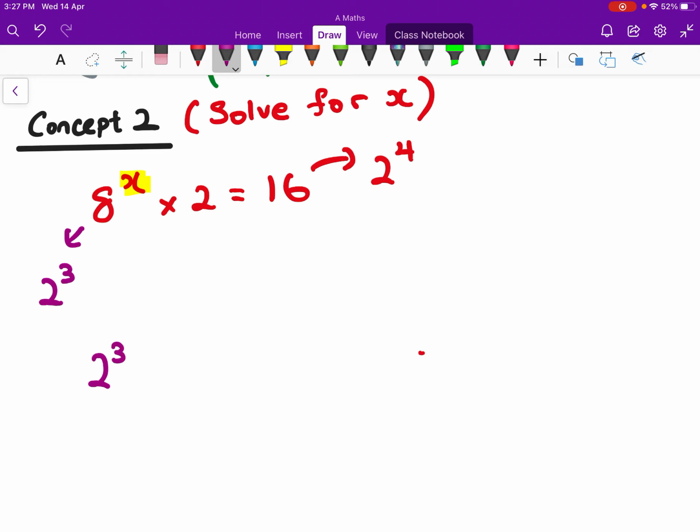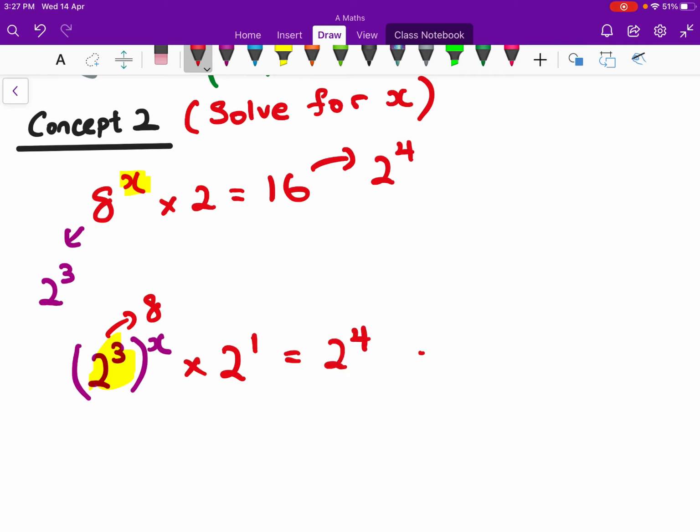So if you put 2 to the power of 3, you bracket. Since there's an x, I cannot just throw away the x. So remember, there's an x here. Okay, so 2 to the power of 3 inside this bracket is 8. You multiply by 2. You can see there's no index, so it's understood that there's a 1 here. And 16, since 16 is 2 to the power of 4, I just write here.